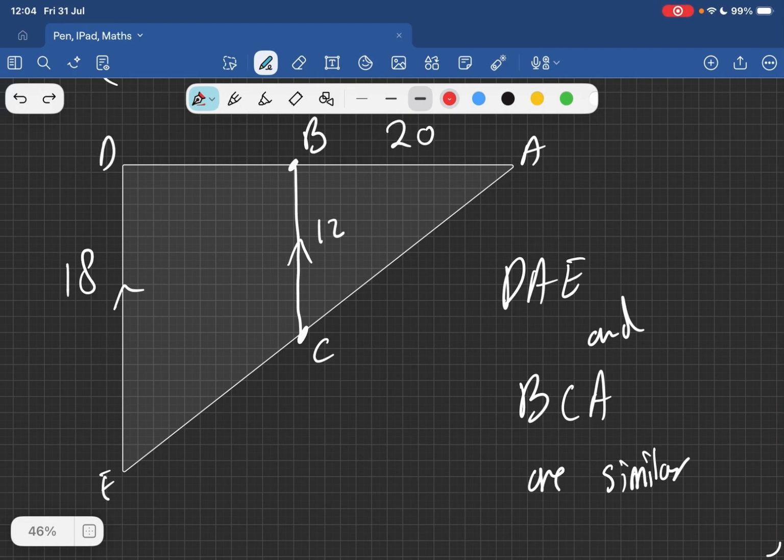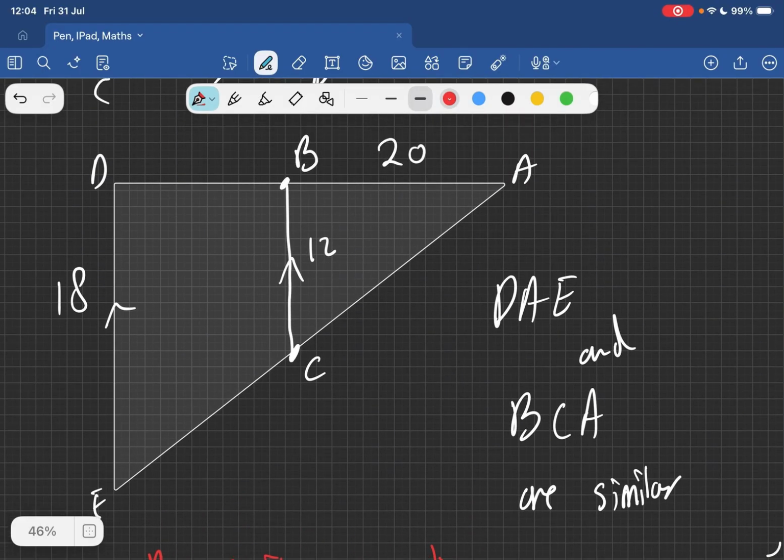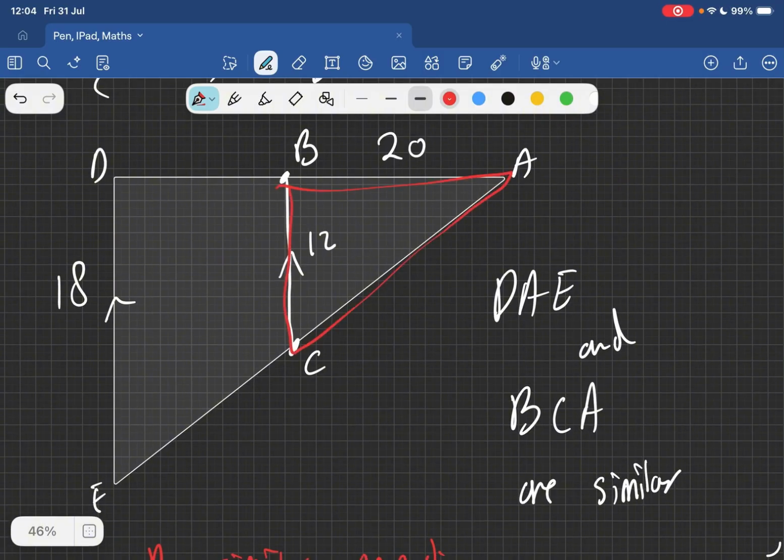What does this mean? Well, because they're similar, their side lengths must share this scale factor. As similar, we have this proportion. Proportion means they're sharing the scale factor. If you were to think of this shape and enlarge it to get it bigger, this would move kind of here.